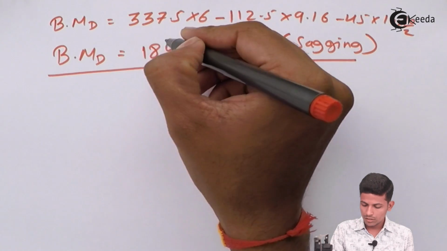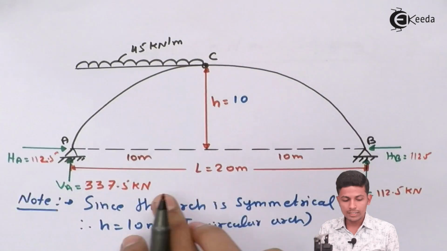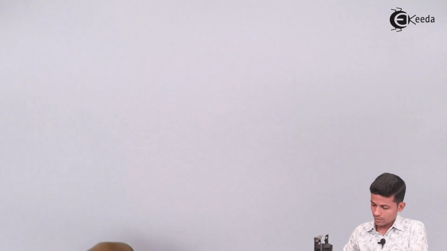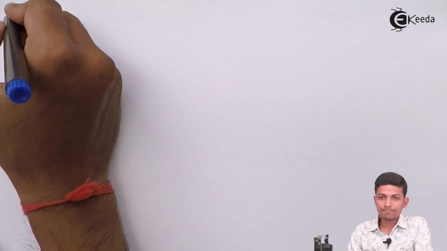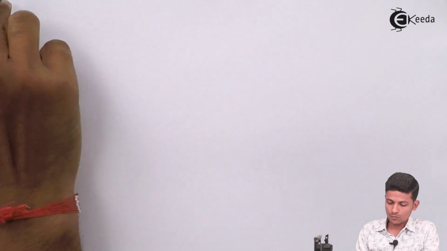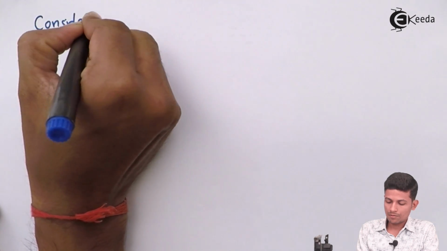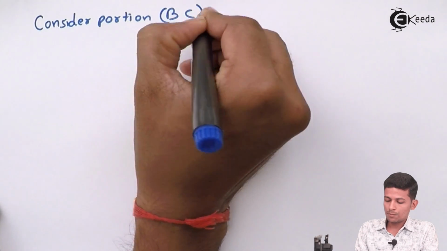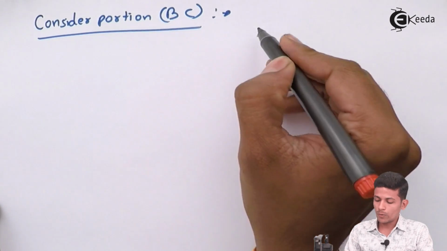After that, let's take the another part, nothing but C and B. So consider portion BC. Take a new page to solve this. Draw the FBD of BC part over here.